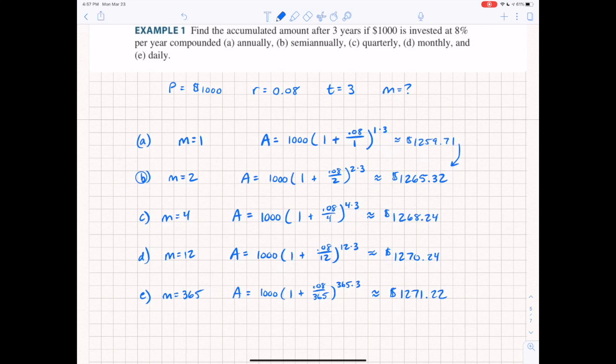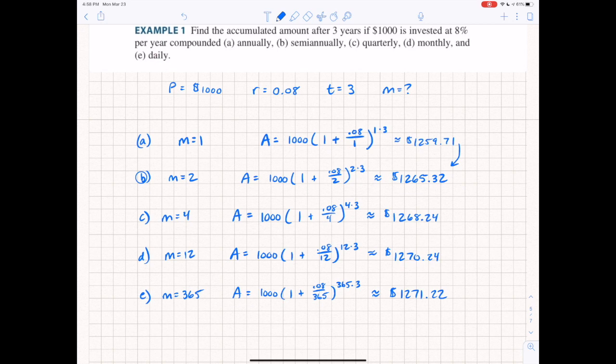In the next section, we're going to look at some important financial terms that we may be concerned about. For example, if I know how much I want to accumulate, then how much should I put in initially, which is generally the question that we're more so trying to ask. Like you're just trying to save up for a certain item, like a house. So if you want to do an account, how much should you put in? We're also going to look at what's called the effective interest rate.